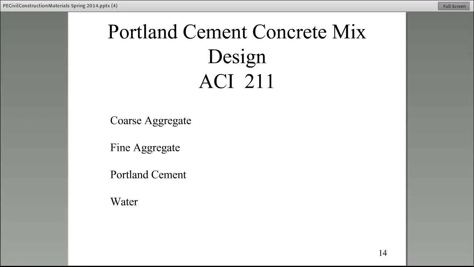Now on slide number 14, this is where I'm going to start showing you a complete design of concrete mixture. I will tell you a few things before we start. I do know that some of you may work very closely with concrete.